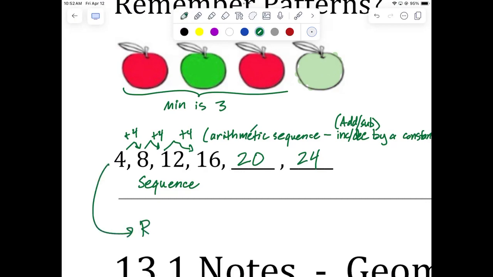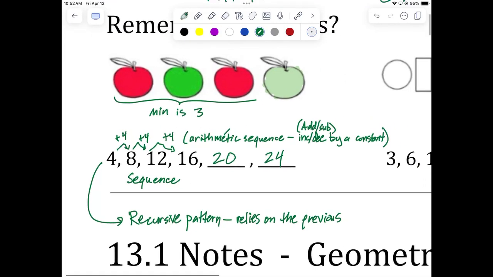Now, here's another term that's going to come up. This is called a recursive pattern. What is a recursive pattern? It relies on the previous numbers. That's what recursive means. You couldn't just jump from the 8 to the 24, could you?